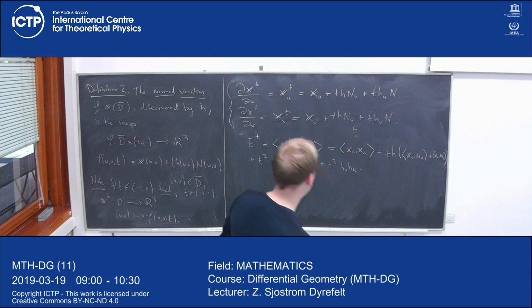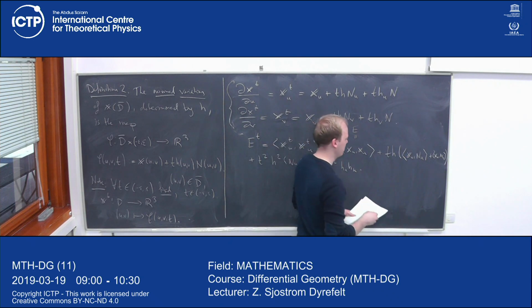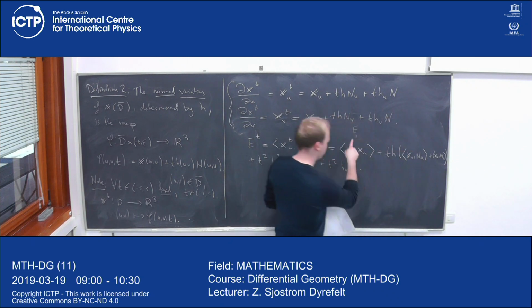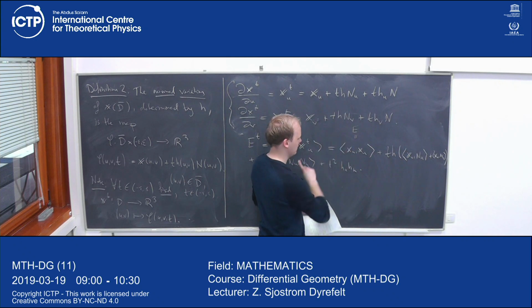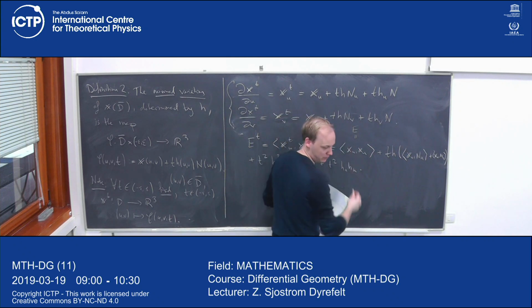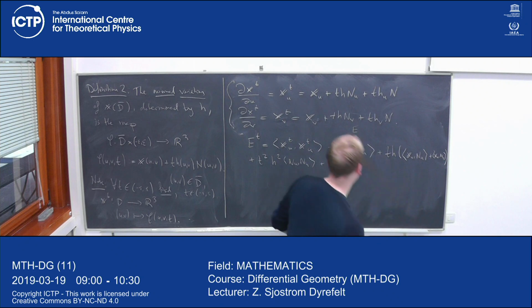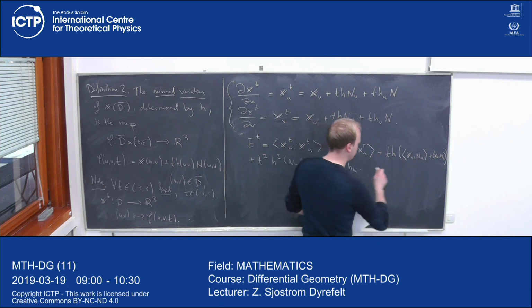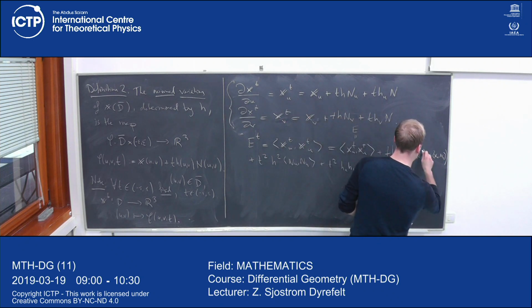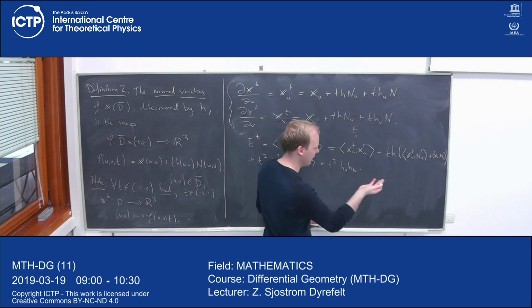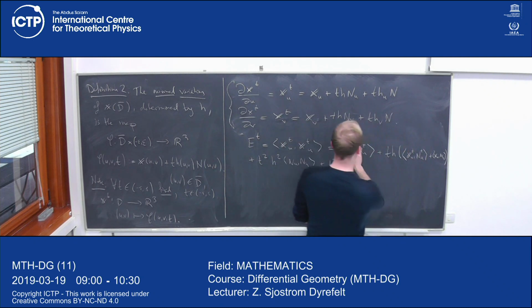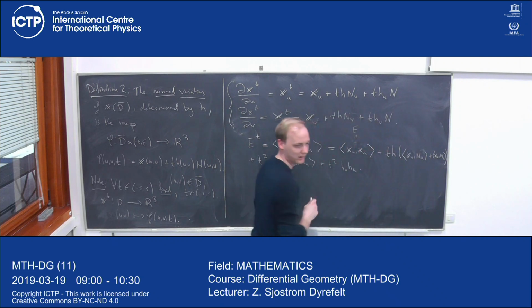What you note here is that this coefficient was E. Of course, I should put t everywhere, x_t, n_t is the normal. No, sorry, yes, you're right, I did not forget it. I'm just confused.